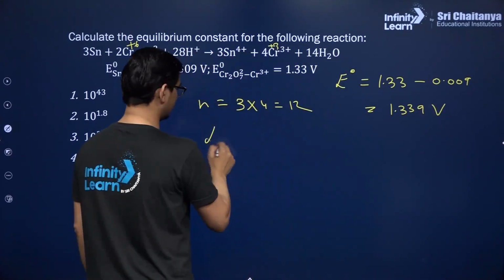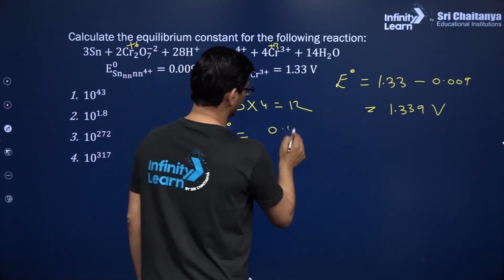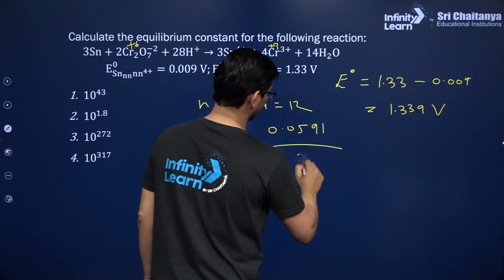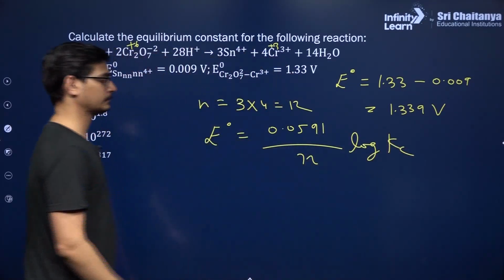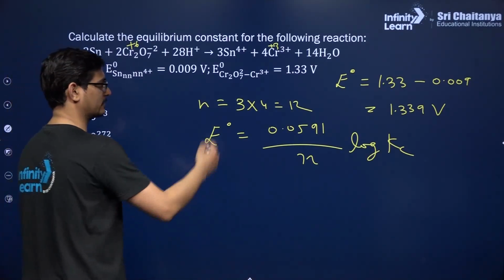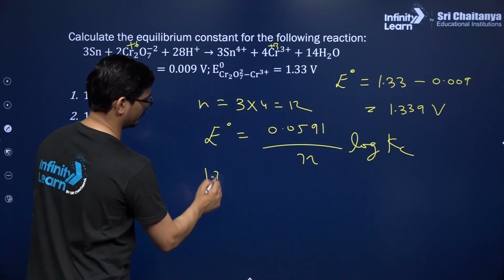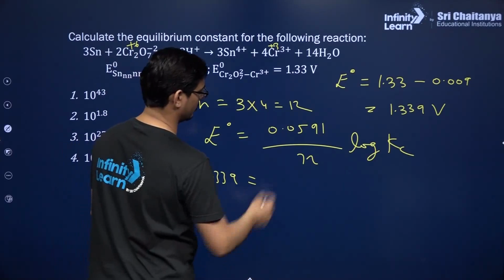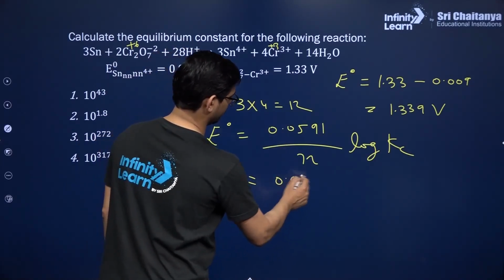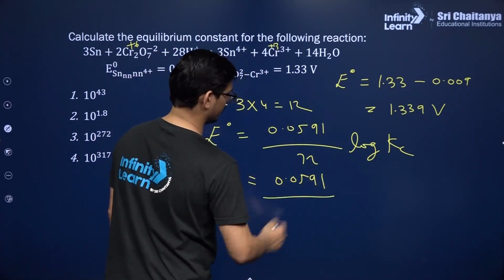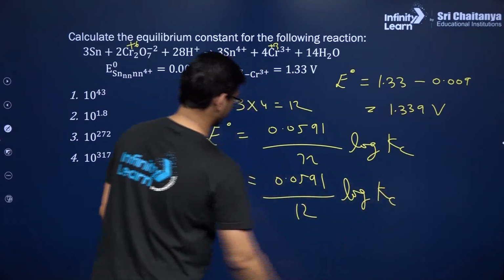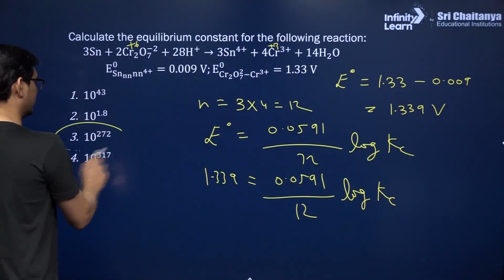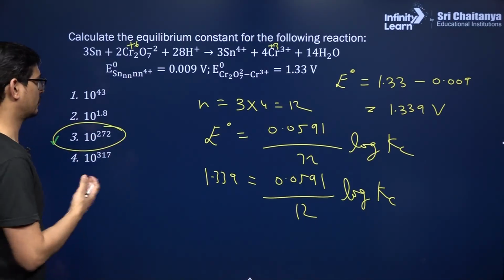Now we know that E naught is 0.0591 divided by number of electrons times log Kc. Now you can substitute the value: 1.339 is equal to 0.0591 divided by 12 times log Kc. So you can solve this, you will find that the answer is approximately 10 raised to the power 272.